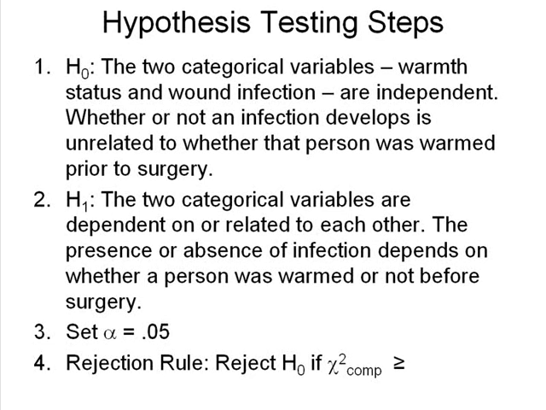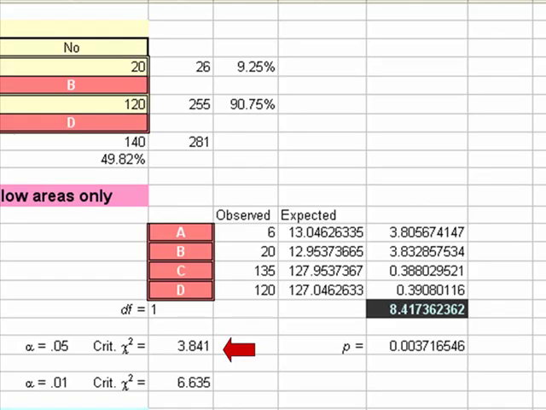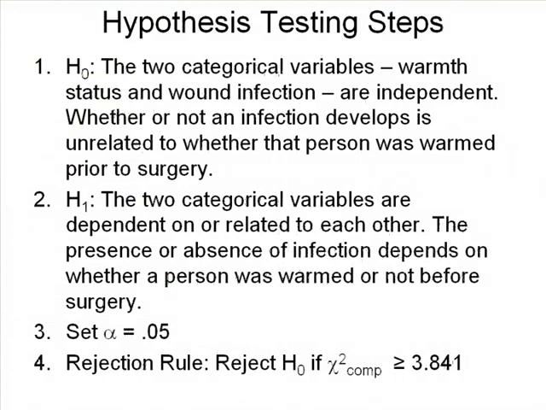Let's go back to our spreadsheet and see what our chi-square critical value would have to be. And here our critical value is 3.841. So this is what we put here in step number 4. So we put rejection rule, reject HO if chi-square comp is greater than or equal to 3.841.